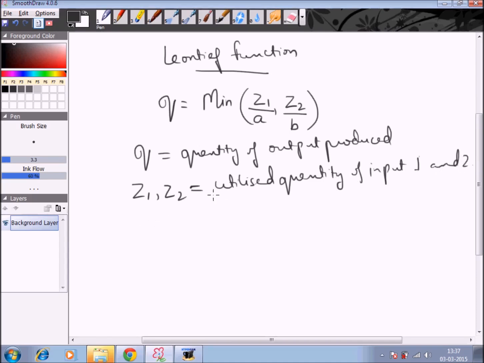That is, 1 is one type of input and 2 is the other type of input, and Z implies the utilized quantity of this input, that is the used quantity in order to produce Q. And A and B are technologically determined constants.